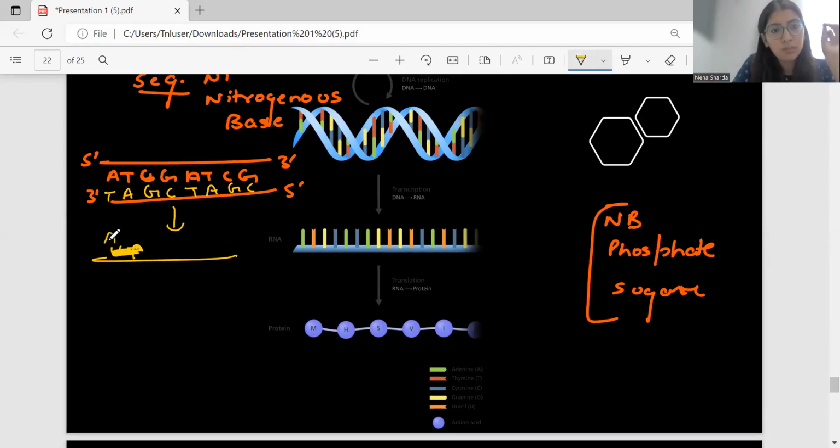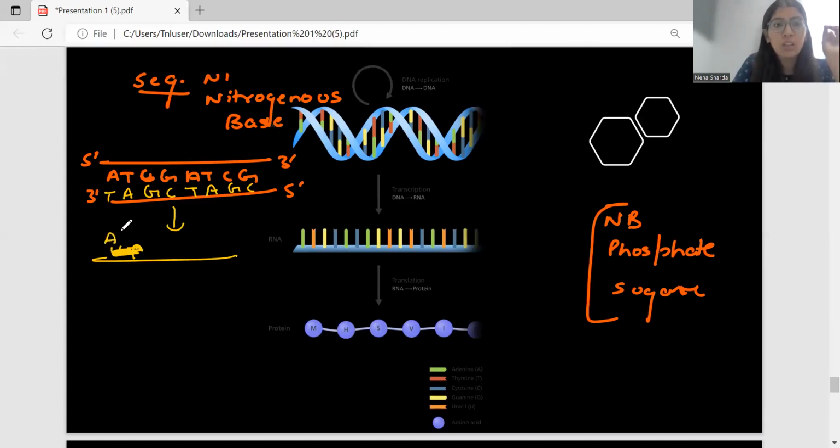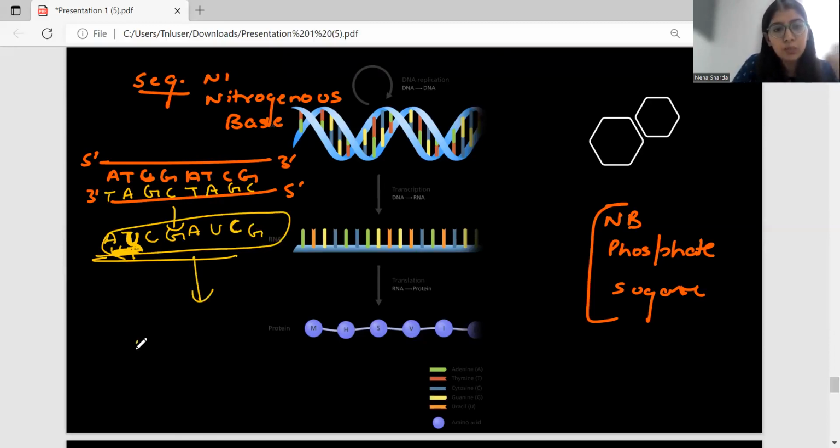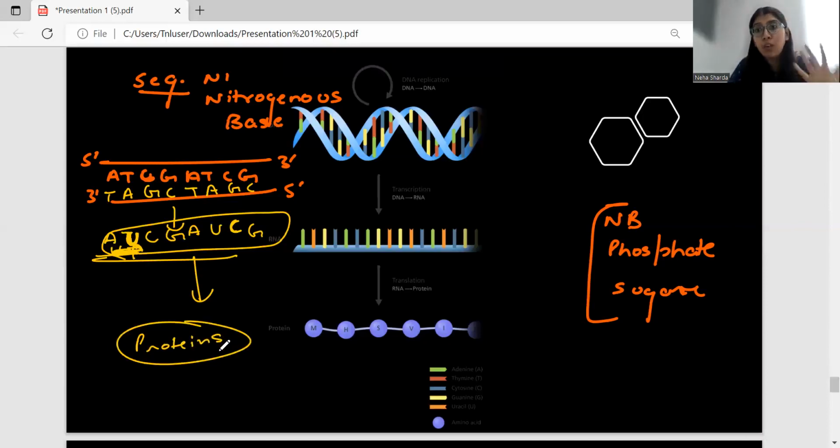RNA will have A, then instead of T we will have U, then C, G, A, U, C, G. This will be a strand of RNA. And from this RNA sequence, we will get protein. So who decides what kind of protein will form? This sequence decides what kind of protein is formed.